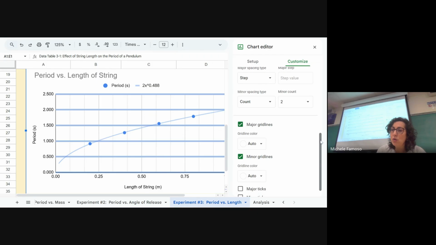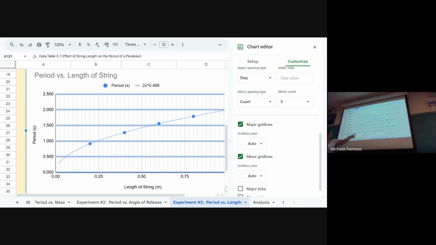We want to have a total of 9 additional lines between the 0 and the 0.25. So as soon as I do that, and I go from 0 to 0.25, notice I have 1, 2, 3, 4, 5, 6, 7, 8, 9, 10 subdivisions to get me to 0.25. As soon as I've done that, now every line is 0.025, which means you can get a length with a fairly decent amount of precision.